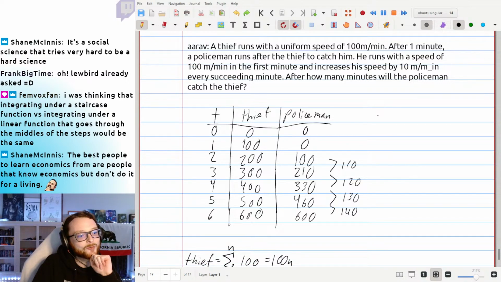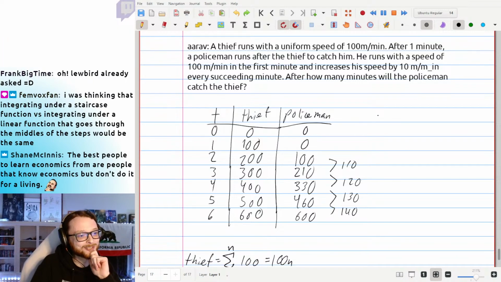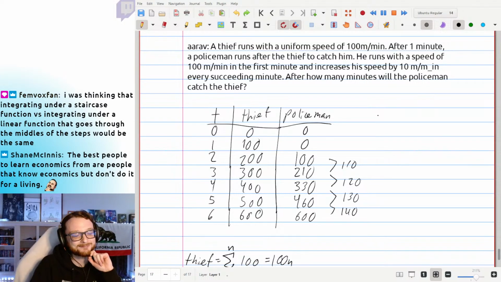Social science that tries very hard to be a hard science. It's a funny way of describing it. That's my impression of it too. People who learn economics are people that know economics but don't do it for a living. Ugh. Yeah, there are some weird things.